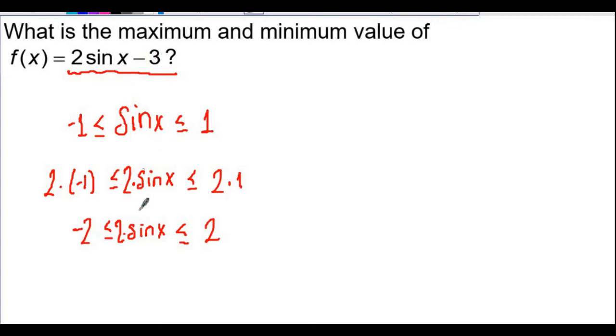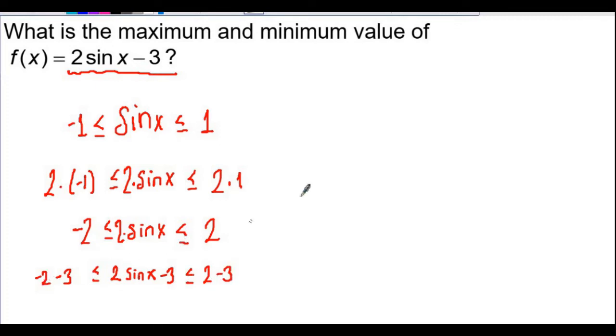And then we subtract 3 from all the sides. I'm going to subtract 3 from this, 3 from this, and 3 from this. Alright, so it's going to be -2 minus 3, less than or equal to 2 times sine of x minus 3, less than or equal to 2 minus 3.